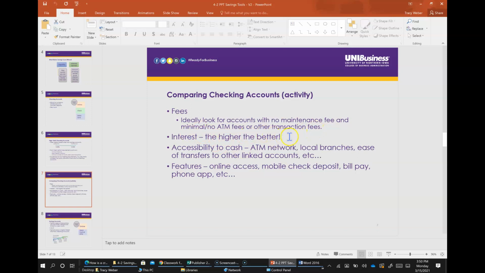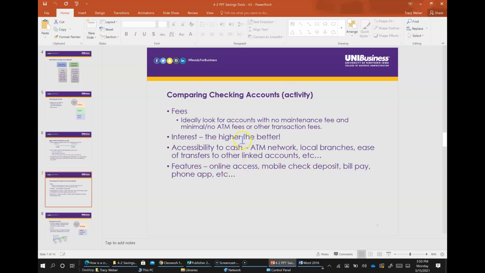Interest: the higher the interest rate, the better for checking accounts or savings accounts. And accessibility to cash: do they provide an ATM network? Are there local branches? How easy is it to transfer to other linked accounts? And then other features like online access, mobile check deposit, bill pay, a phone app, etc.